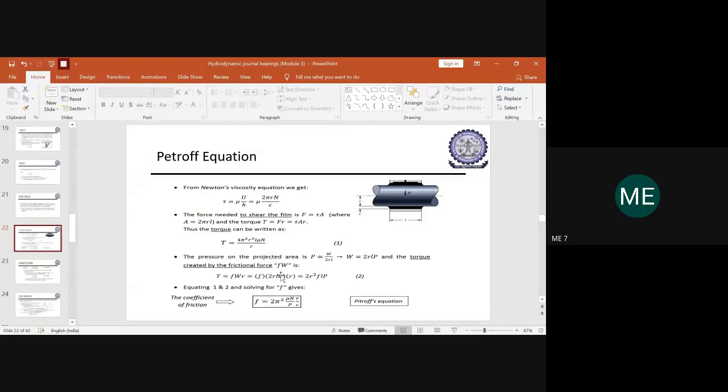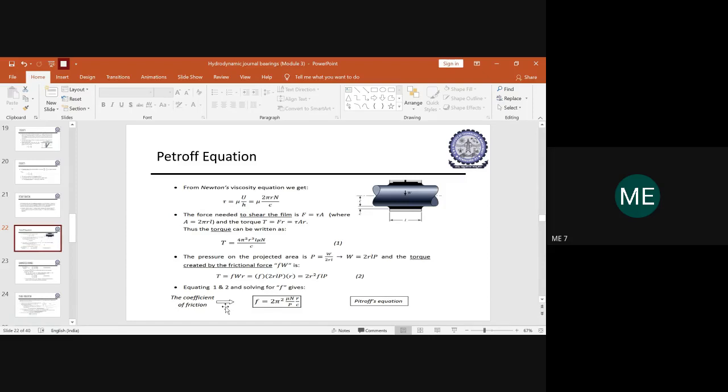So you have two values now. By using these two values, when you equate them and solve, it helps in getting the value of the coefficient of friction. What was our main goal? The main goal was to derive the coefficient of friction for the journal bearing.